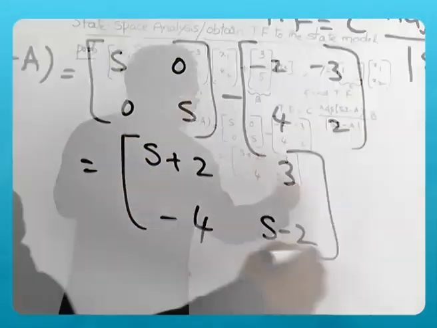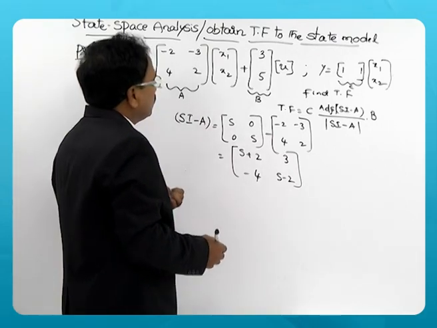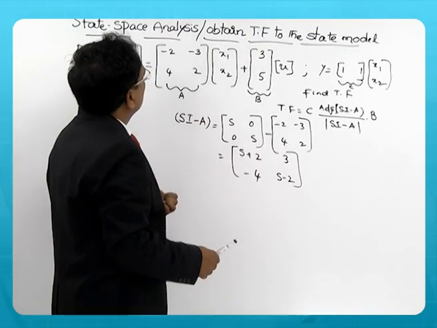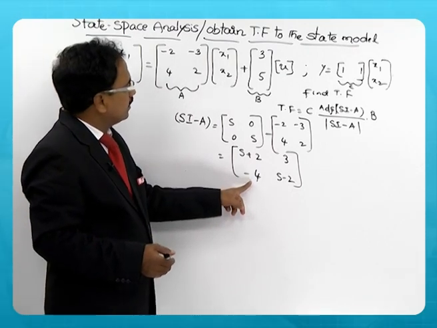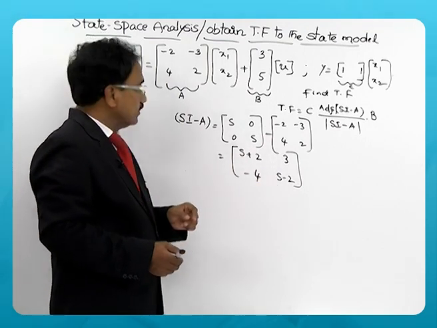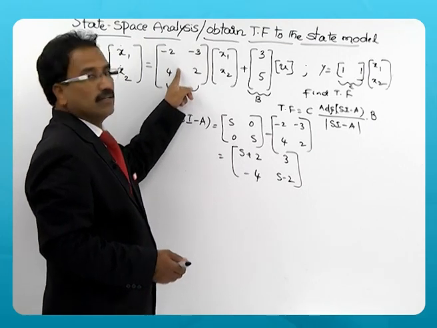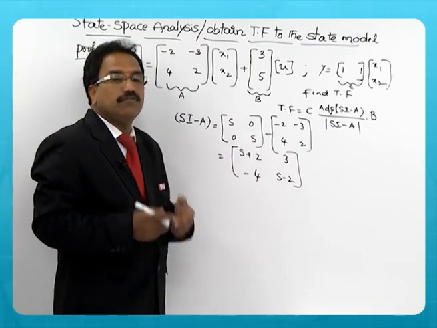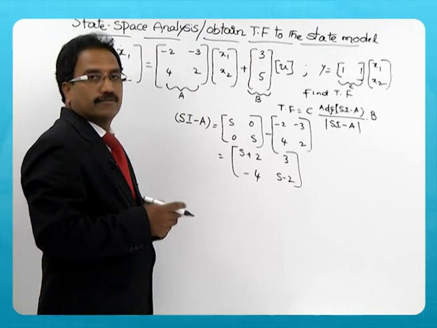And how do you get this matrix directly from A? Diagonally you add S to the diagonal components, and there is a sign change for the off-diagonal elements. So minus 3 has become 3 and 4 has become minus 4. That way you can get SI minus A directly by looking at A.